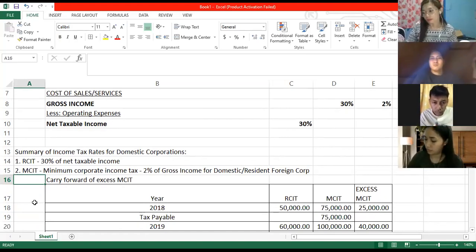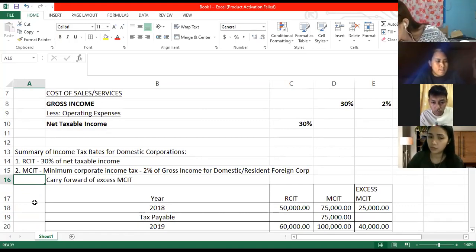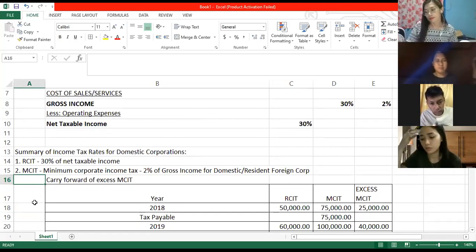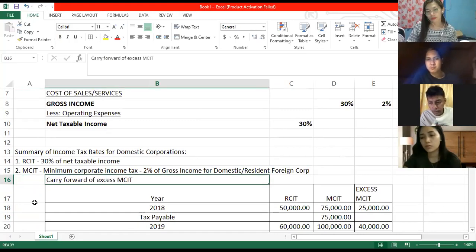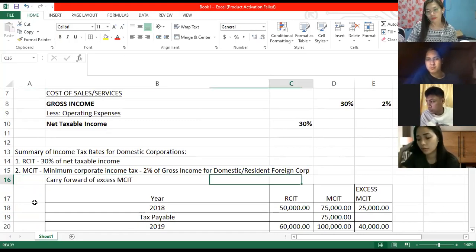Kasi nga, di ba, nasa 4 years ka na, losses ka pa din, or mababa yung dinideclare mong income. How did you survive the 4 years of operation with a low income or with losses, di ba? So that would be unusual, no? So meaning to say, baka may mga magic dyan. So kailangan natin i-apply yung MCIT.